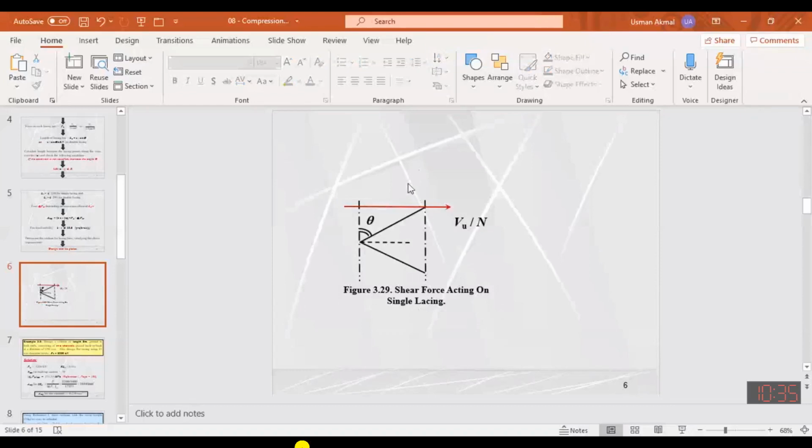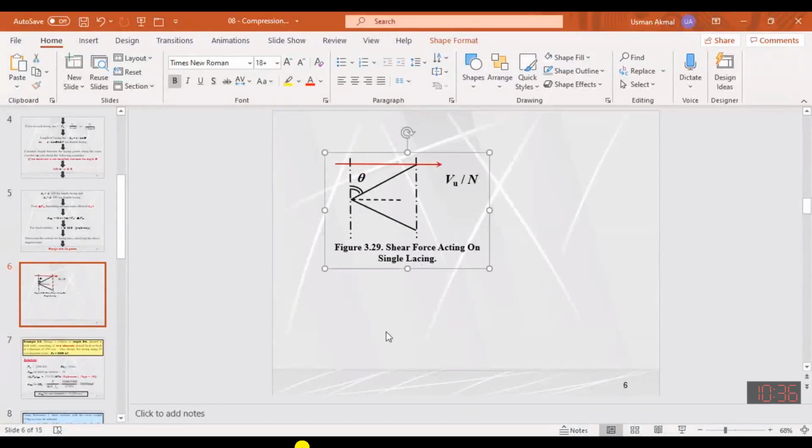Okay, what I want to explain from here. Actually we need to compute the length. This is an important thing that I need to explain.